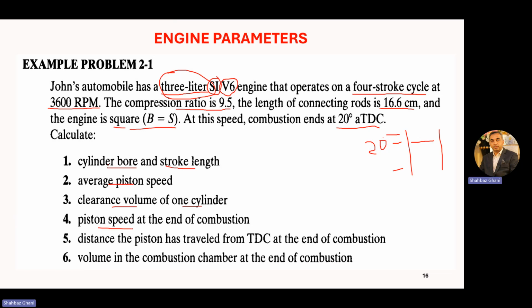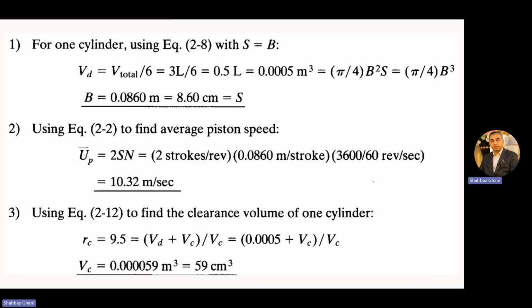Piston speed UP bar. At the end of the combustion stroke, meaning at 20 degree after TDC, the distance the piston has traveled from TDC at the end of the combustion, so S at 20 degree. Volume of the combustion chamber at end of the combustion, so volume at 20 degree after TDC. Now let's see.